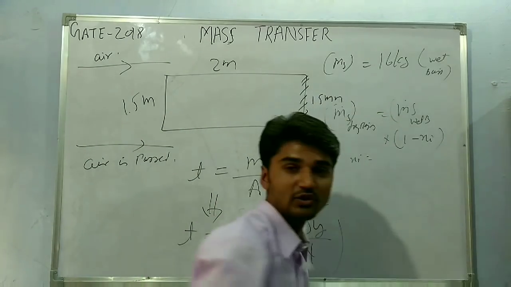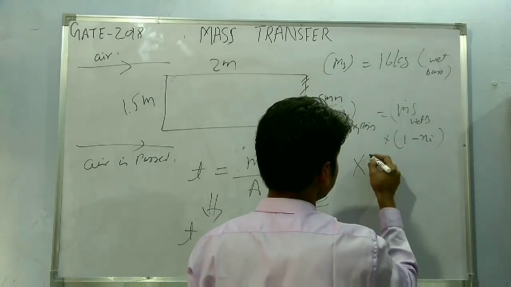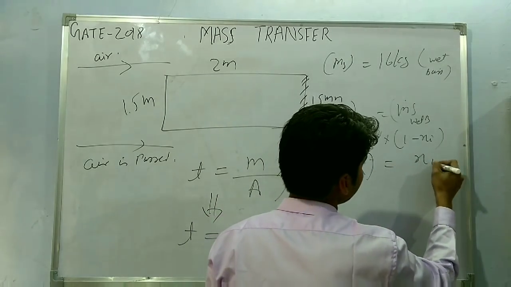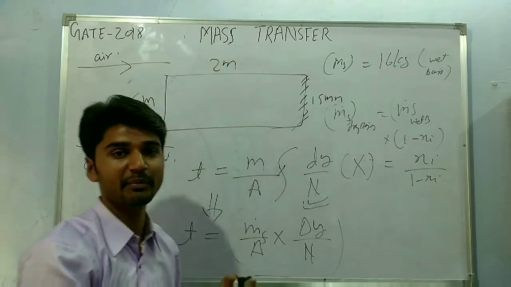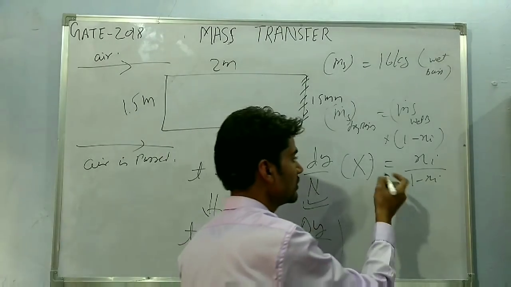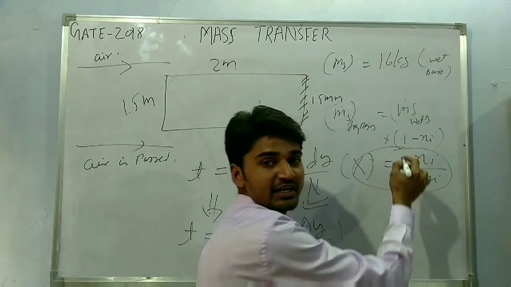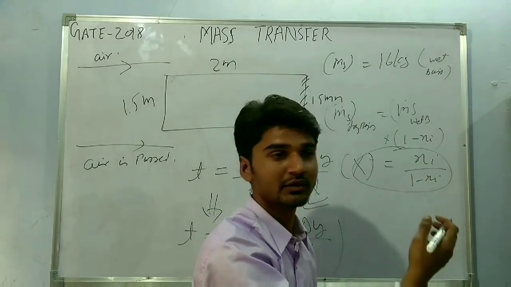Now, the relation for conversion of wet basis to dry basis is X equals xi upon 1 minus xi. Now we have been given capital X, that is the initial moisture content on dry basis. So from here, using this relation, we can calculate the value of initial moisture content on wet basis.